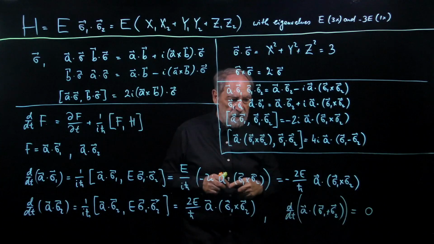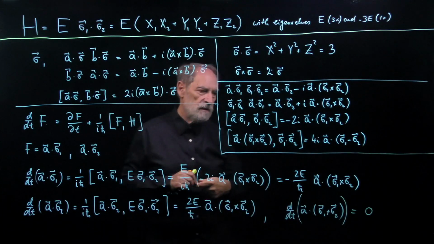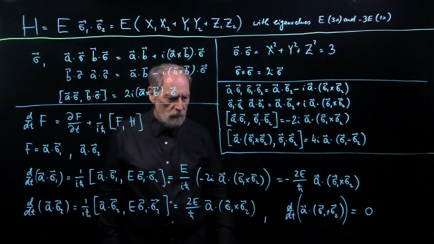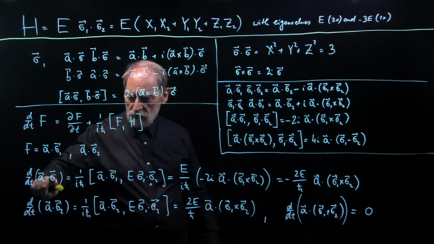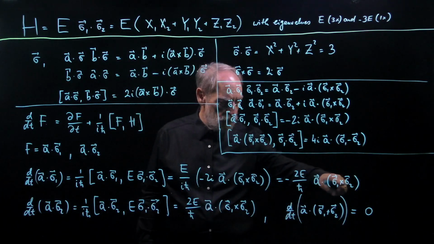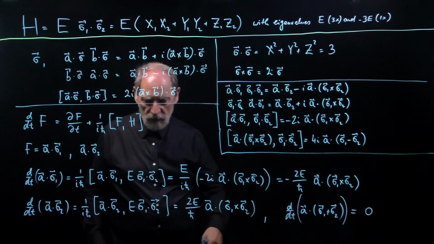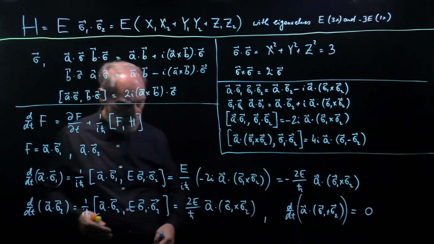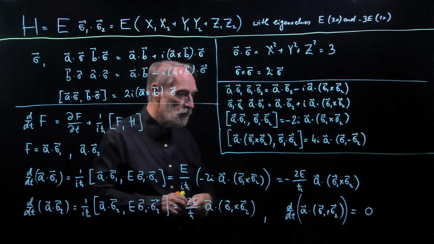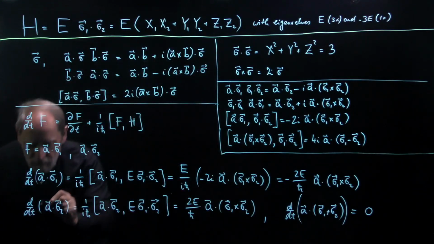Sigma 1 plus sigma 2 do not depend on time. So the time derivative of sigma 1 minus sigma 2 involves sigma 1 cross sigma 2. So we cannot solve these equations if we do not also know something about the time derivative of sigma 1 cross sigma 2. So let's look at that.